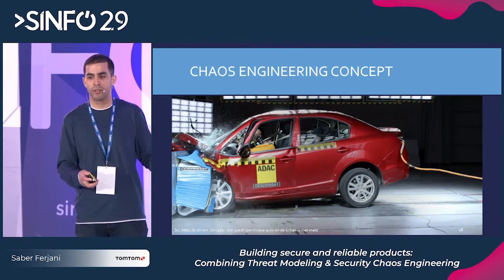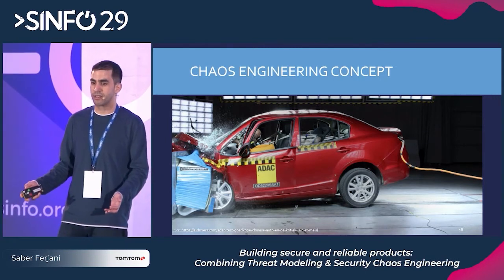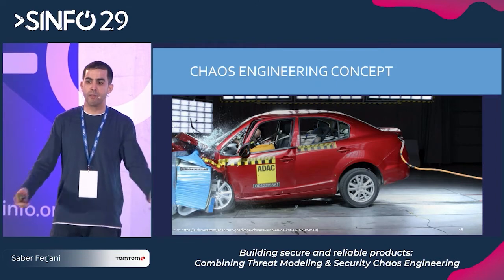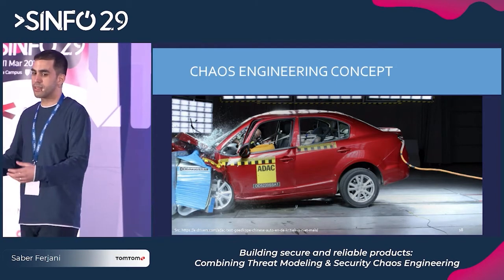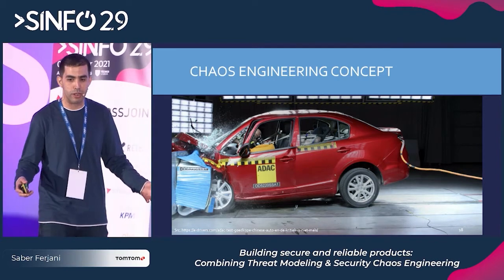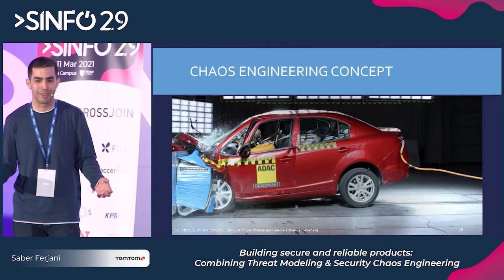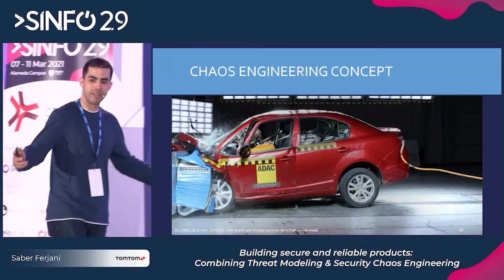Each of these components is actually thoroughly tested. But still, when you assemble them together and you have a car, you cannot just say, OK, we tested everything, so the car is safe to drive. Sorry, it's not how it works. You have to test the car as a whole system.